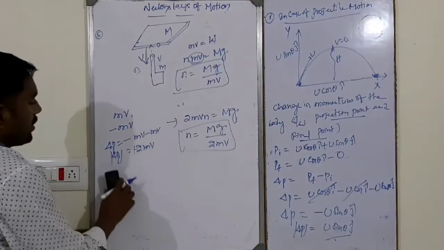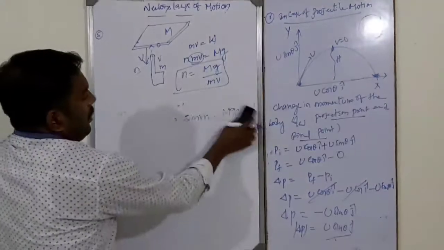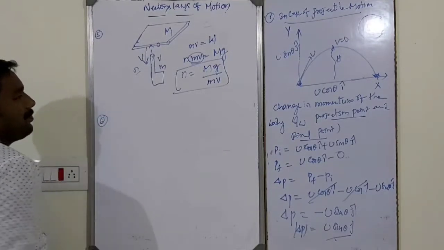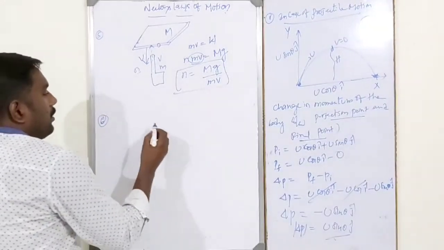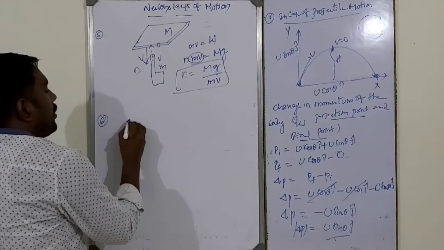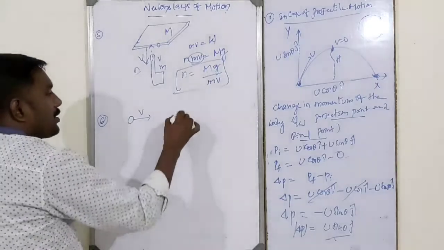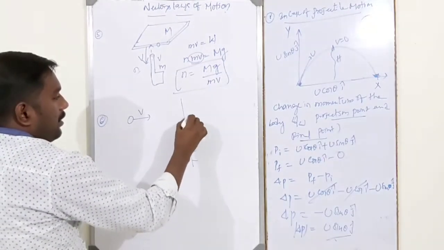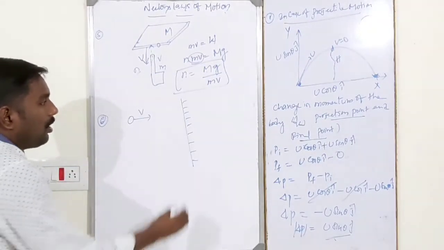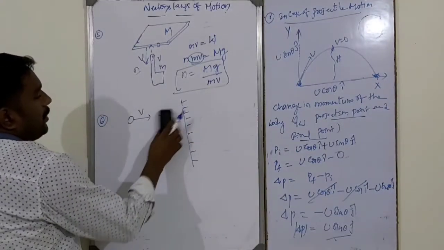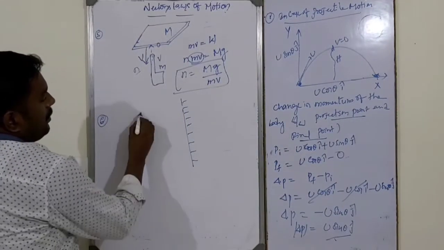Okay. Next, another one. Suppose a body is moving with a velocity u, or v, and it strikes the wall, making some angle.